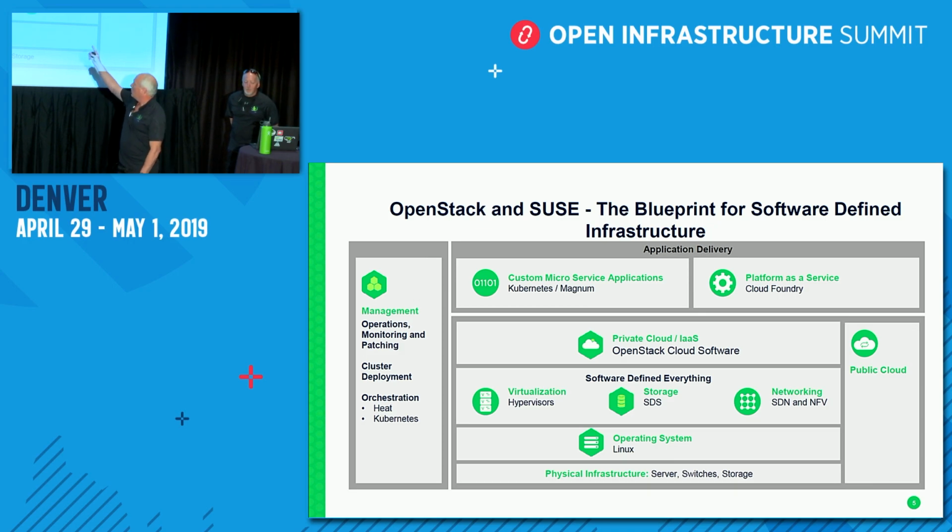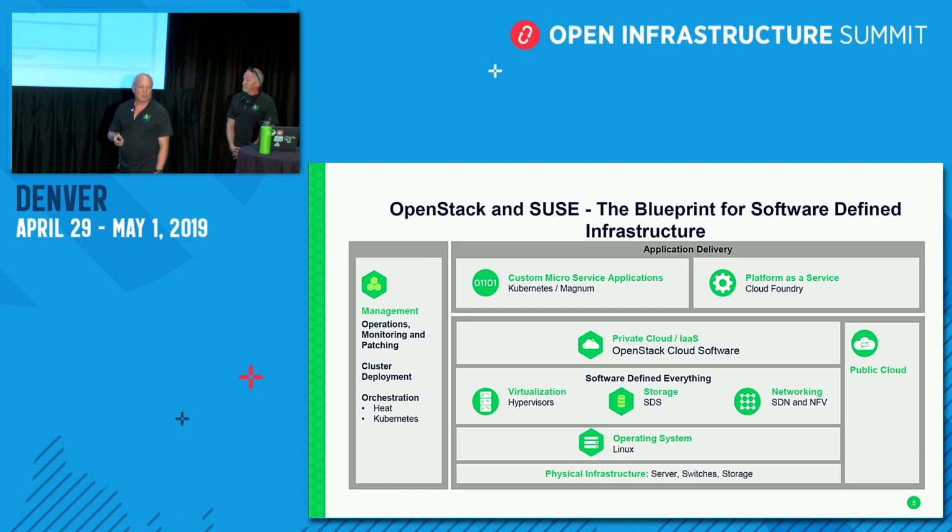At the very top here, we have a Kubernetes offering. Now, the Kubernetes that we provide can run directly on bare metal, or obviously you can deploy it on OpenStack. So we've integrated that testing and feature function so that you can do either bare metal deployments or straight away on OpenStack. At the very top there, we have a Cloud Foundry offering.